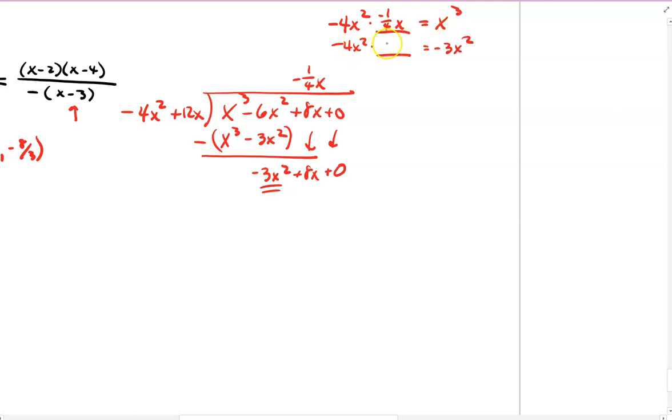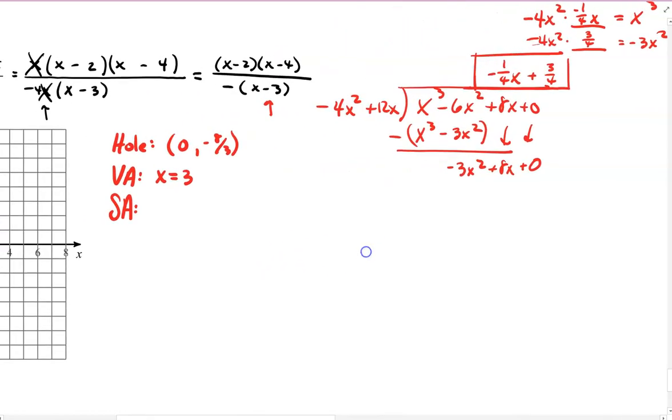The only way that that'll happen is if I multiply by 3/4. -4 times 3/4 will equal -3. The 4's will cancel in the denominator. So we'll write plus 3/4. And I don't have to worry about the rest because I've now obtained my linear component of that division. I think there's a slanted asymptote at y equals -1/4 x plus 3/4.